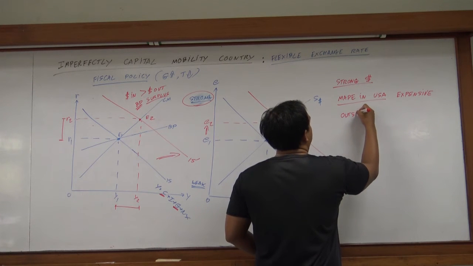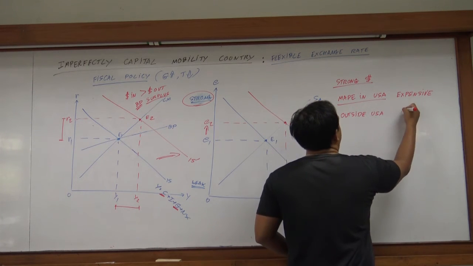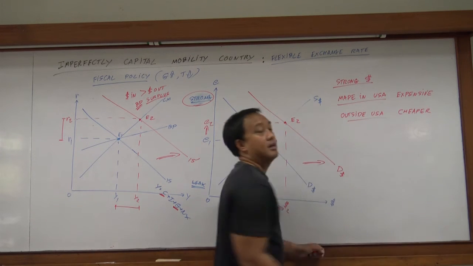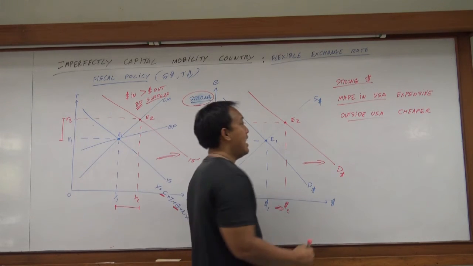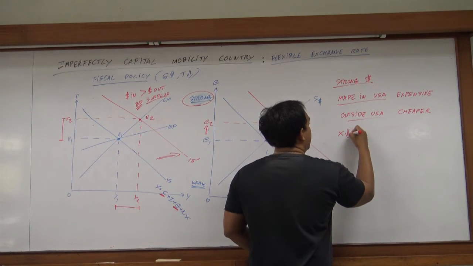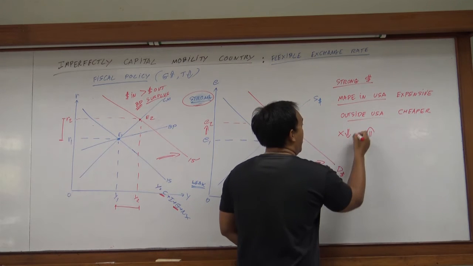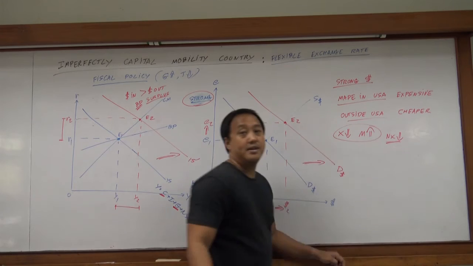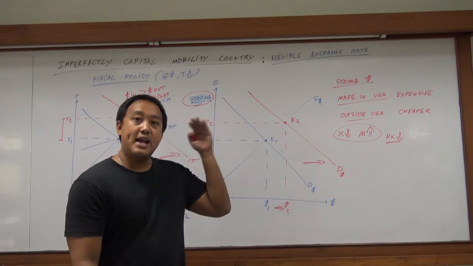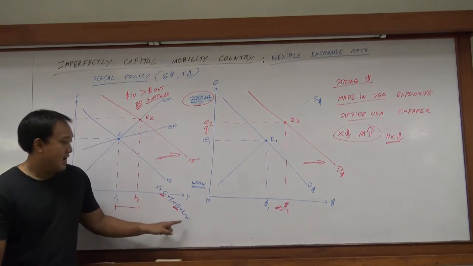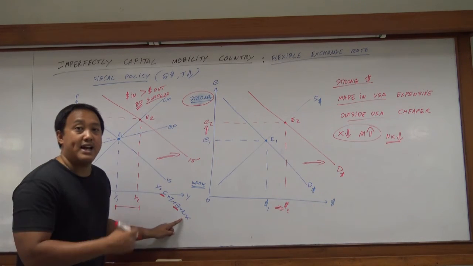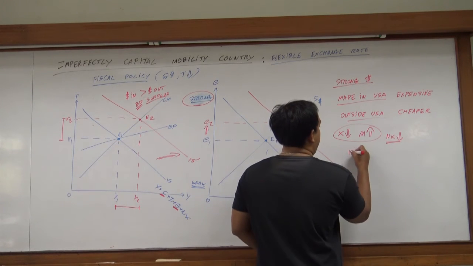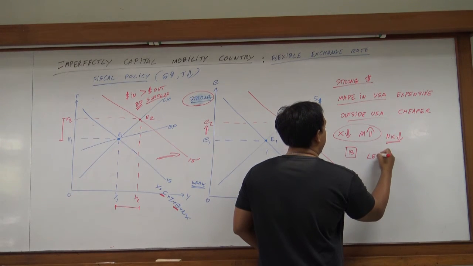Everything made outside USA becomes cheaper, okay? So what does it mean? It means that we're going to export less and import more. Because of this, NX is going to be lower. When NX becomes lower, where is NX? NX is inside the IS curve, right? The IS curve is going to shift back to the left.